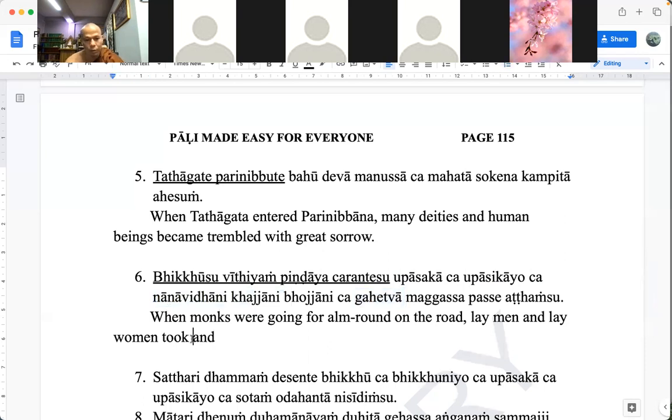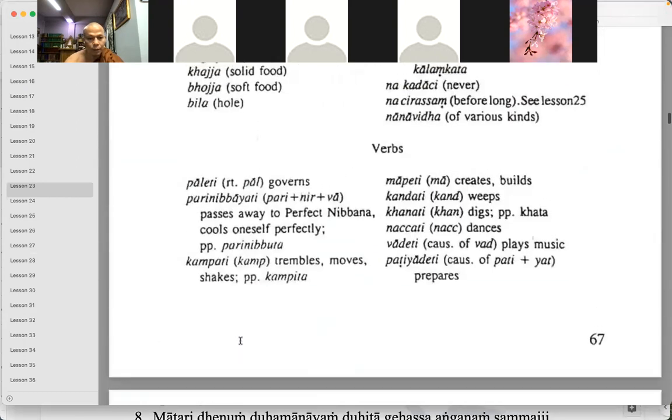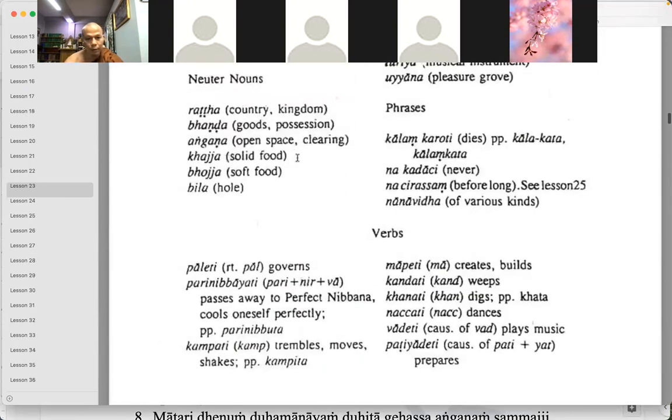So that is after the took. So took Nana Vidani means various or various kinds. So various Kejani, Bojani. So solid and soft food. Okay. So Nana Kejani, Bojani ja. So solid and soft food. Okay, Keja, Boja, yeah, solid food and soft food, you see.